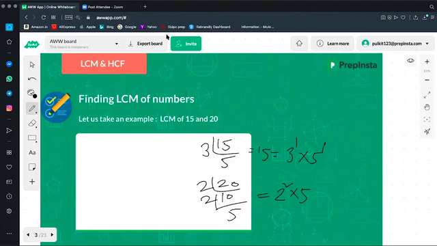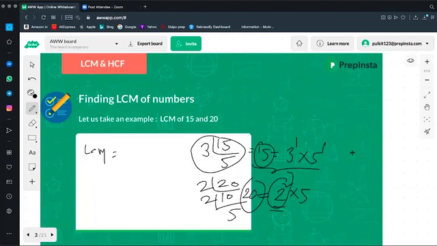So what prime factorization tells us is, while finding the LCM of any two numbers, we take the maximum power of any number available. So we'll start with 2 first, right? So what is the maximum power of 2 available in both 15 and 20? Here I can say 2 to the power 0.